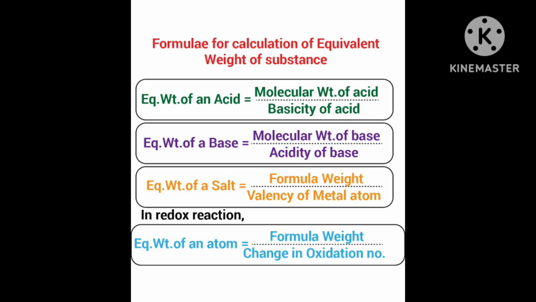The equivalent weight of a substance is the number of parts by weight of the substance that combine with or displace, directly or indirectly, 1.008 parts by weight of hydrogen, or 8 parts by weight of oxygen, or 35.5 parts by weight of chlorine.